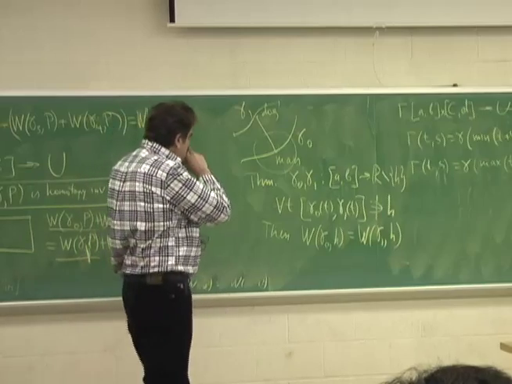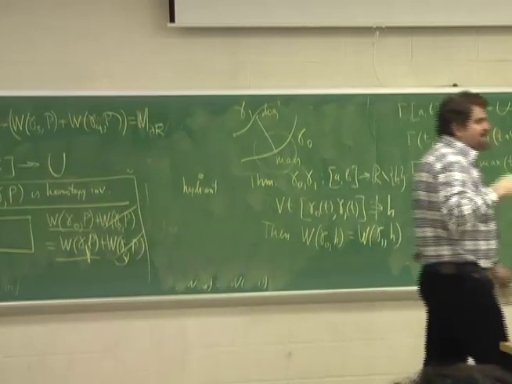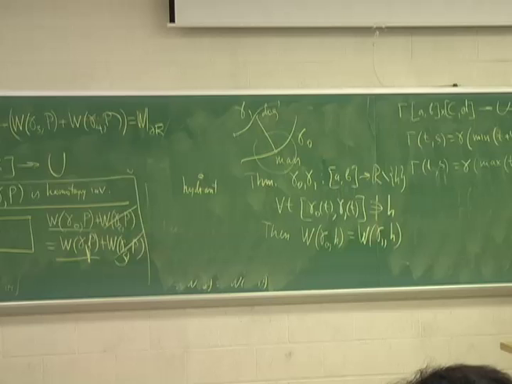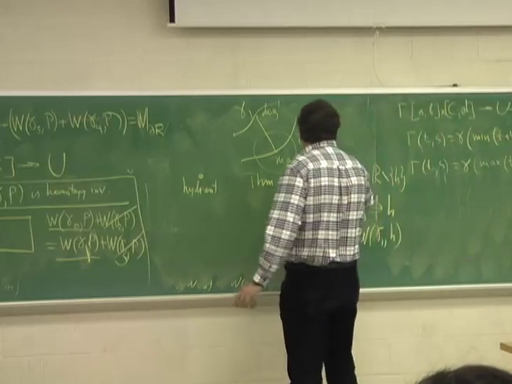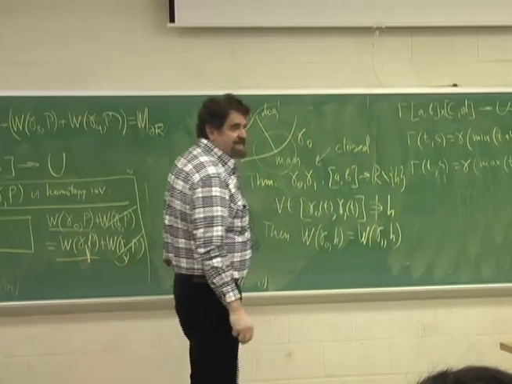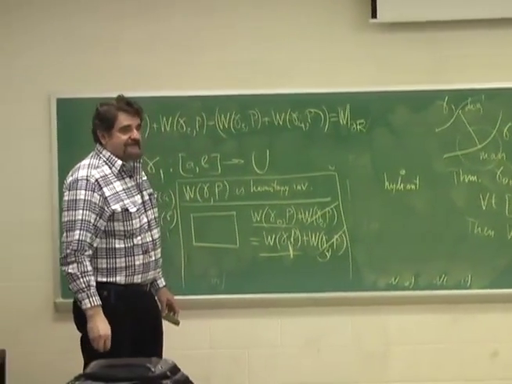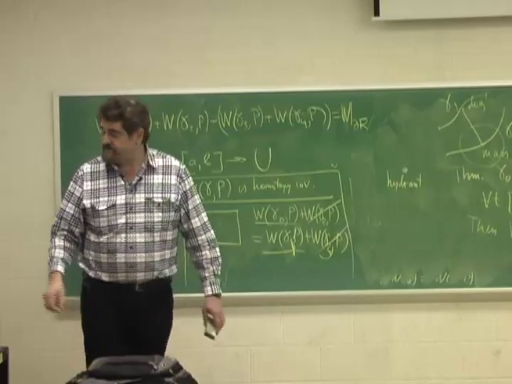The winding number of the dog changes, the winding number of the man does not. Yes, I think they have to be closed. Oh, they have to be closed. I'm sorry. Closed. Yes, you're right, absolutely right. These are closed.